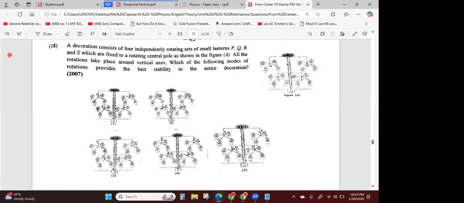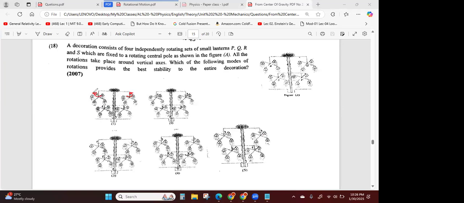Okay, I will mark this, it's not clear. So here it is rotating this side. This is this direction. This again this direction. This is again this direction. We mark in a different color, red maybe. This in this direction.